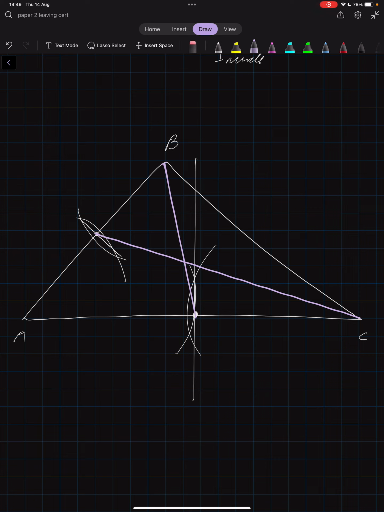We would then find that this point here is the center of gravity. So this then is your centroid. So the centroid is the center of gravity. Okay?